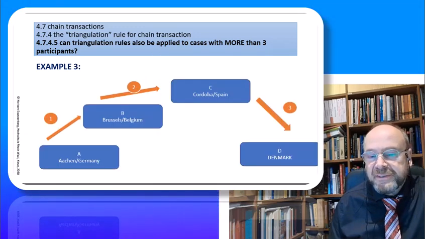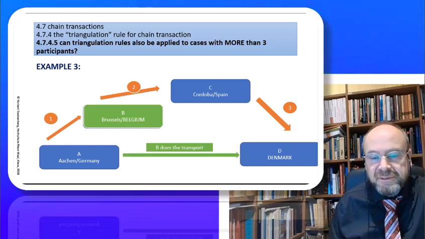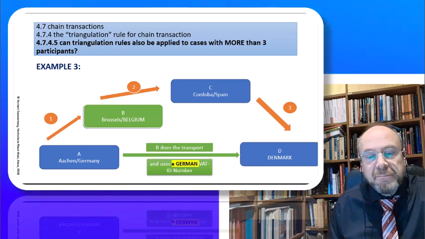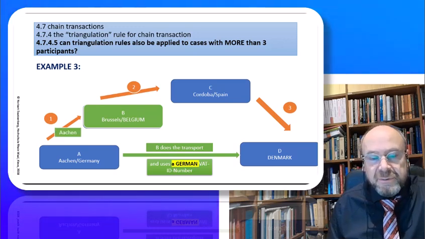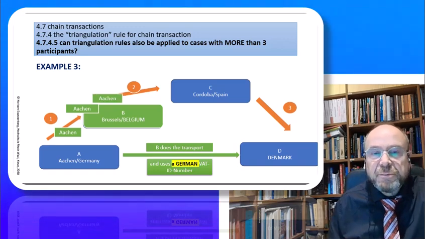Again, A, B, C, D, triangulation, what happens? B does the transport now, and he uses a German VAT number now. So Aachen, Aachen. That means for A, the idea that there should be an intra-community delivery is definitively blocked.